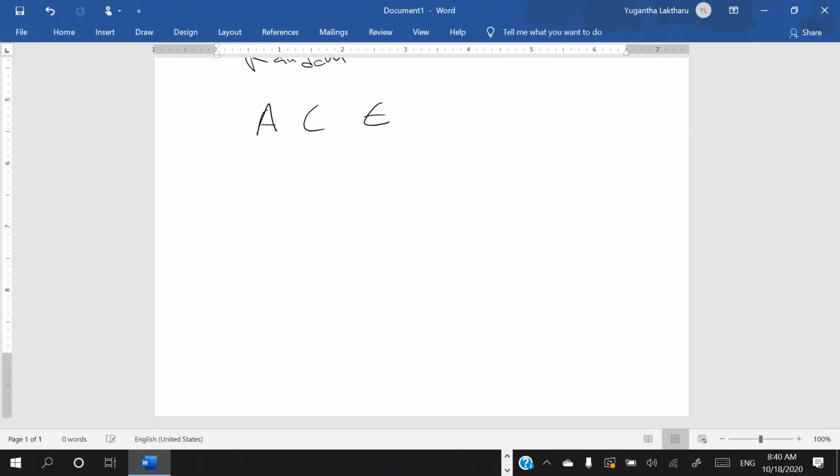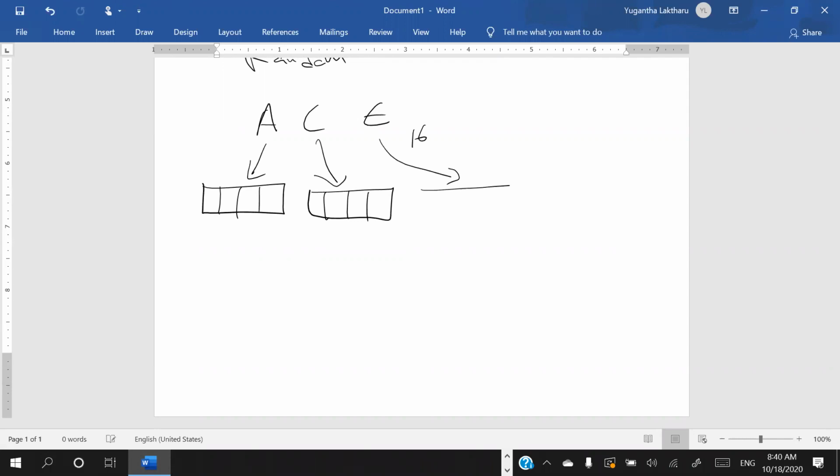So ACE 16, it says. So A is going to be written in 4 bits, C is going to be written in 4 bits, and E is going to be written in 4 bits.